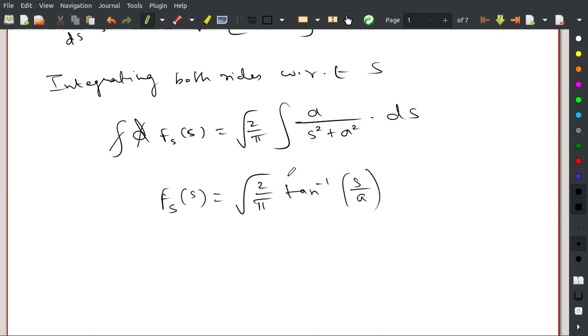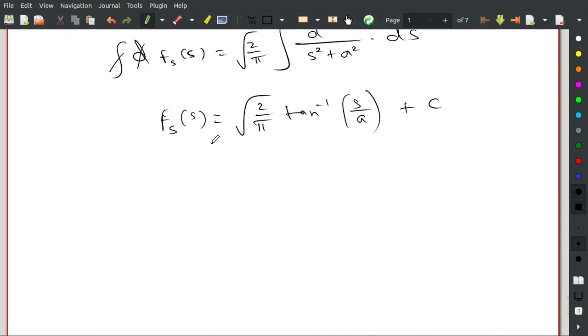Since this integral is an indefinite integral, we have a constant of integration. So we have to find this constant of integration. For that, we have to find the value of our Fourier sine transform at the origin.